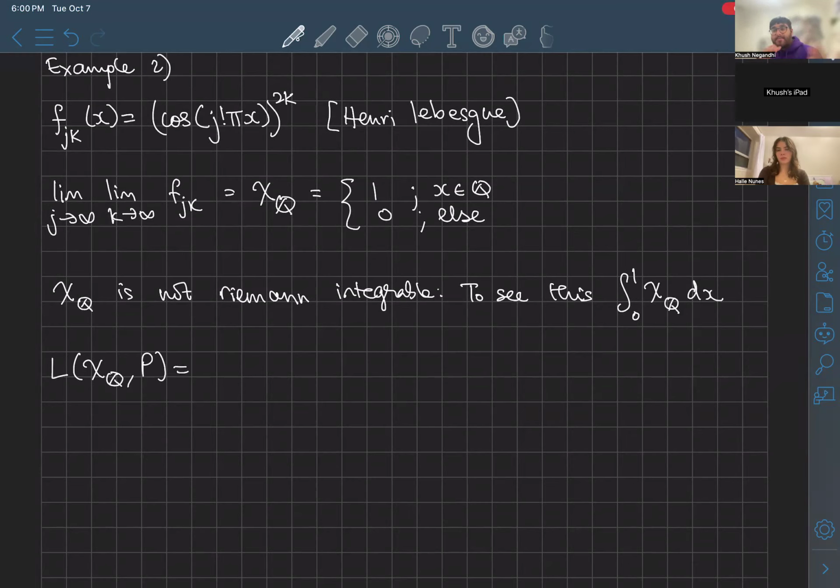If we look at any partition, it doesn't matter what this partition is, and we look at the lower sum, we know that you're summing over i the infimum of the function on the ith partition interval, and then you're multiplying it by the length of the interval.